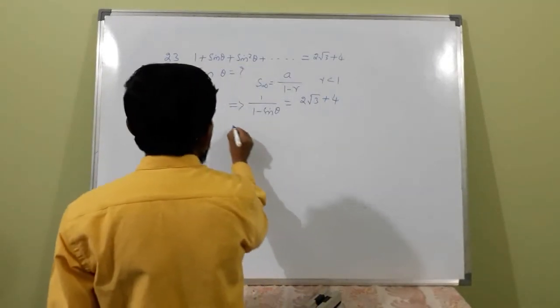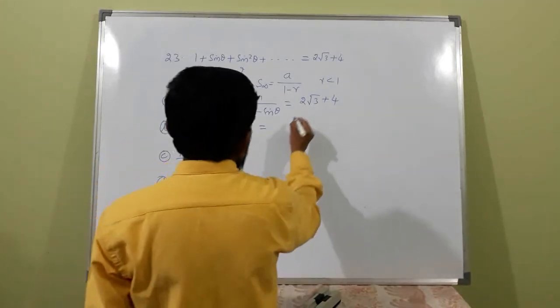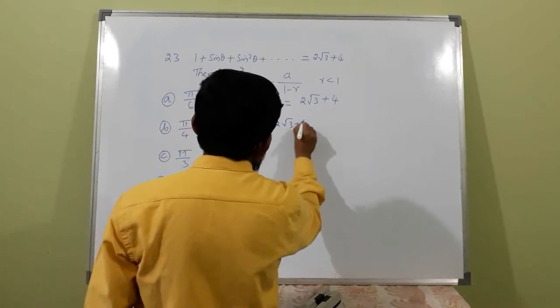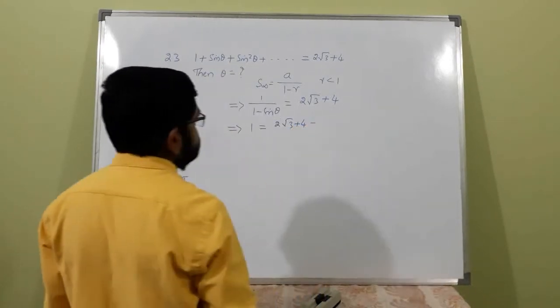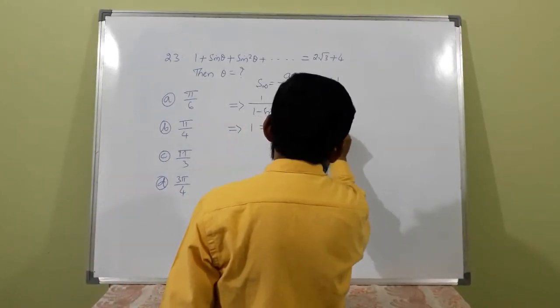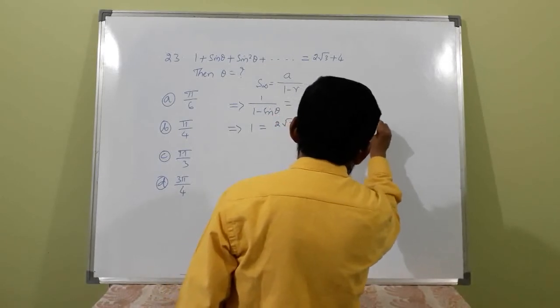Cross multiply: 1 is equal to 2 root 3 plus 4 minus 2 root 3 sin theta minus 4 sin theta.